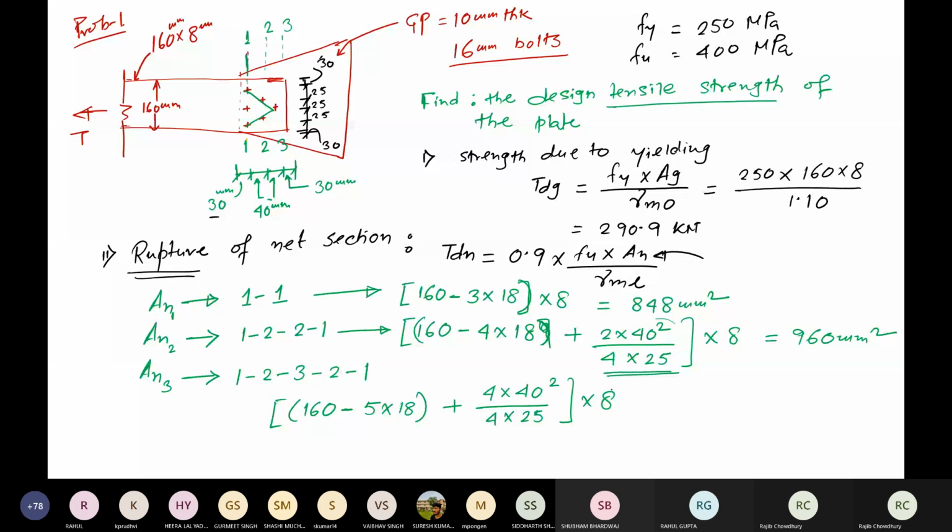So this becomes 1072 mm square. So the net area of all three different possible failure planes has been calculated this way.